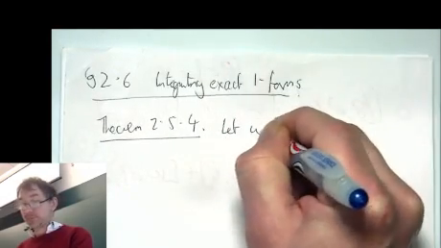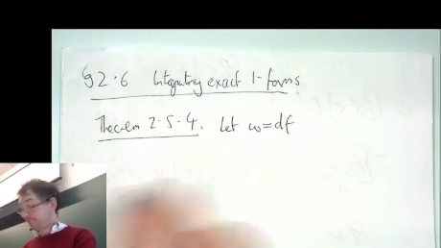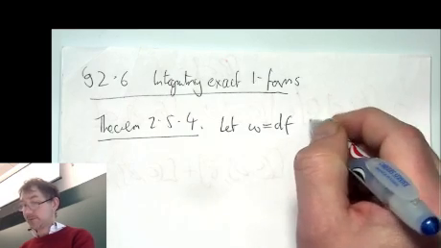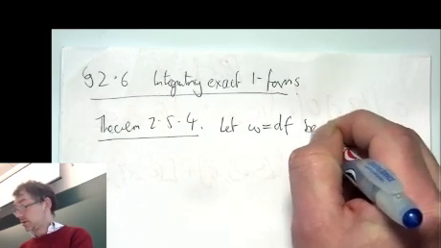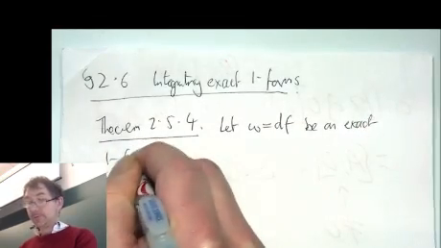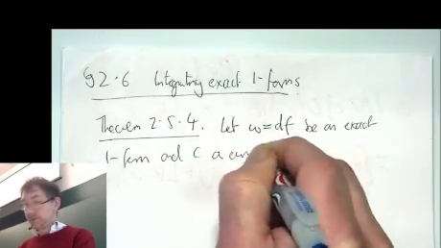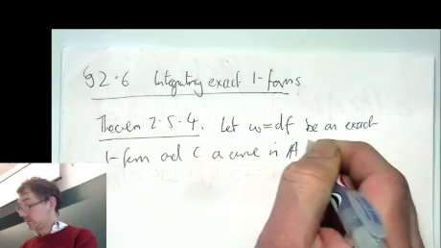Let omega be an exact one form, the differential of some function f, and C a curve in A^n.